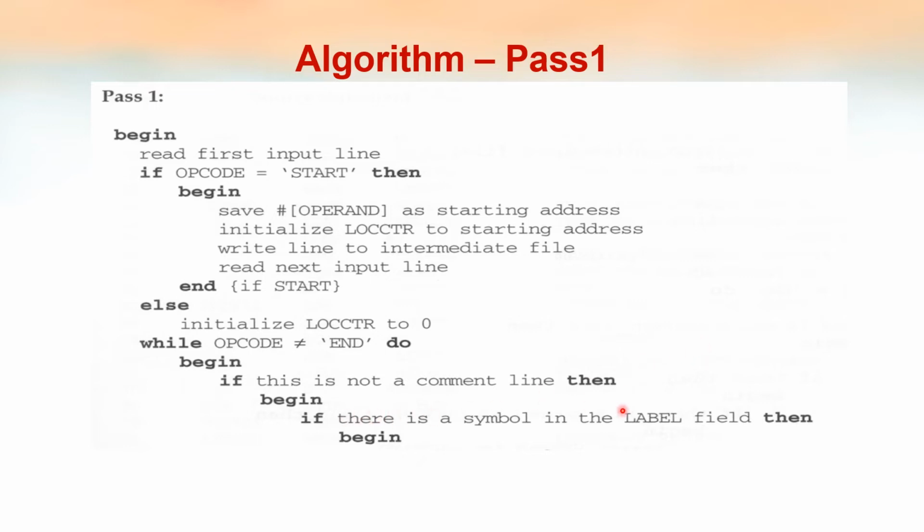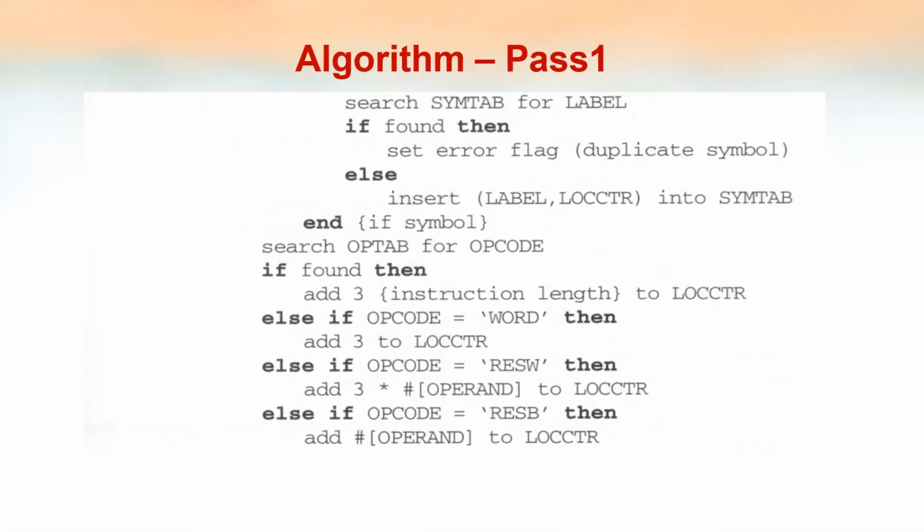So if this is not a comment line, then we check the symbol field, that is the label field. If there is a symbol in the label field, then we have to enter that symbol or label into the SymTab with the location counter value.